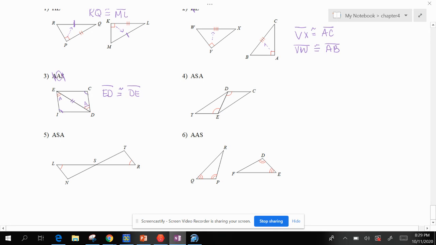So I have to mark angle I and angle C, because now if I label this, I have angle, angle, side. If I marked this one, I would have had ASA. And then I write angle I is congruent to angle C.